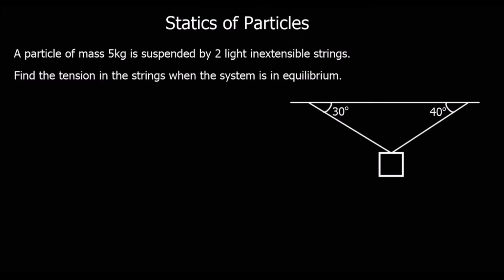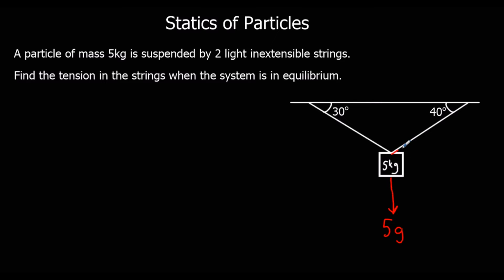So we need to look at what forces are acting on our particle. So we've got a 5 kilogram mass. Acting vertically down is its weight, and that is 5g. Weight is mass times acceleration due to gravity, so it's 5 times g.